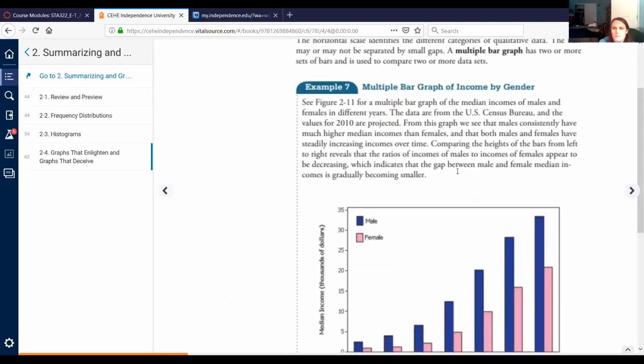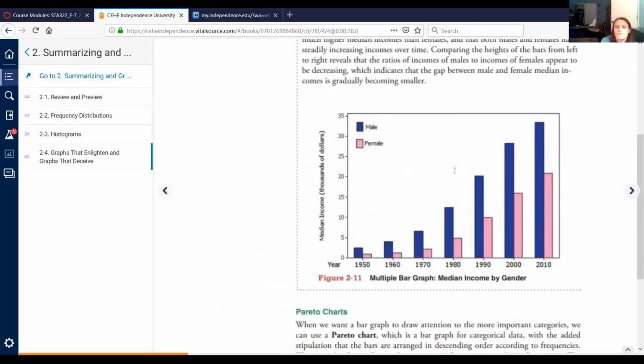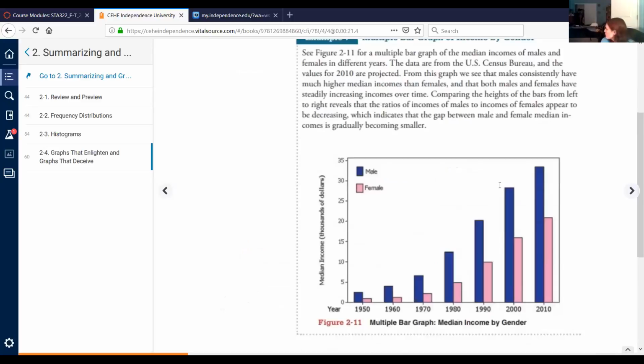Bar graphs, you've seen these many a time. Median income by gender. This is one that always makes my female patients or female students angry. And me too, because it affects my wife and my daughter, and it actually affects everyone in reality. But if we take a look at the median income by gender, this is a bar graph.